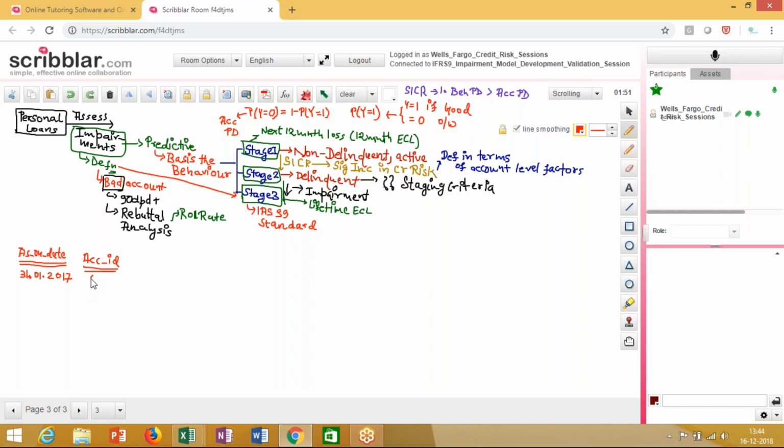So account ID 001, right? After the as on date and account ID, the next thing is the account opening date.